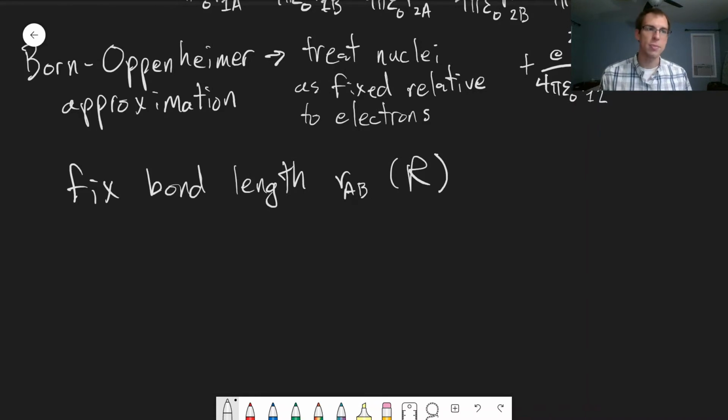So our distance between our two nuclei will be given this notation big R, meaning the bond length. So we'll fix that bond length and then solve the electronic part of the Hamiltonian, of the Schrodinger equation.